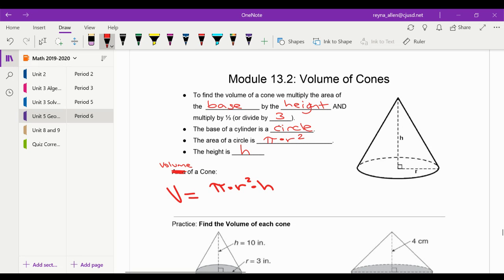So to find the volume of a cone, you take your base, multiply it by your height, and multiply it by 1/3, or divide by 3, whichever one you like.